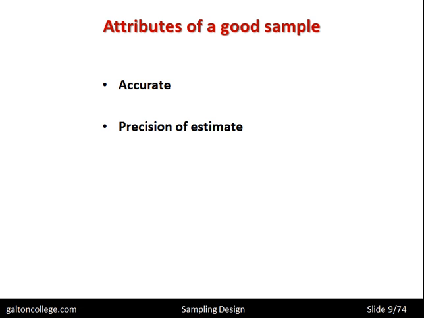And the bigger the sample and the more scientifically the sample was selected, the better it was selected, the more precise the estimate will be. The better the estimate of, let's say, the average or the standard deviation or whatever it is we're working out, the more precise it will be to the population. Ideally, we'd like to say that the average calculated from the sample is exactly the same as that of the population.